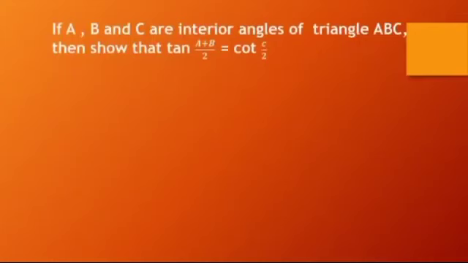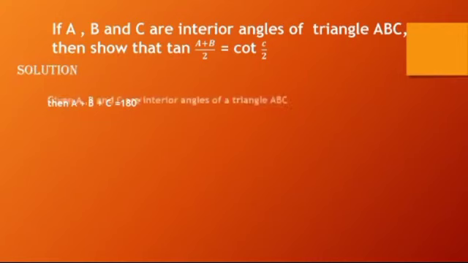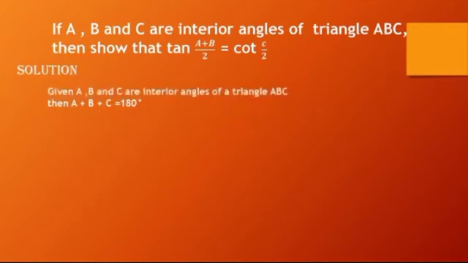If A, B and C are interior angles of triangle ABC, then show that tan of (A plus B) by 2 equals cos C by 2. Solution. In the problem, given that A, B and C are interior angles of triangle ABC, then A plus B plus C equals 180 degrees.